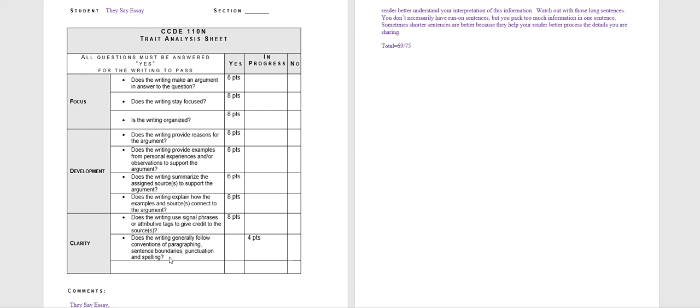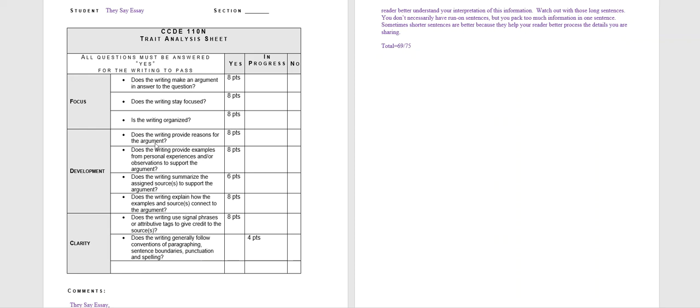Something that I've noticed is that students are tending not to capitalize after a sentence ends. So I recommend that when you are editing your work, make note of when a sentence ends, when you have a period or a question mark. The next letter should be capitalized. That's very basic punctuation, but I see that some writers are getting lazy with that.